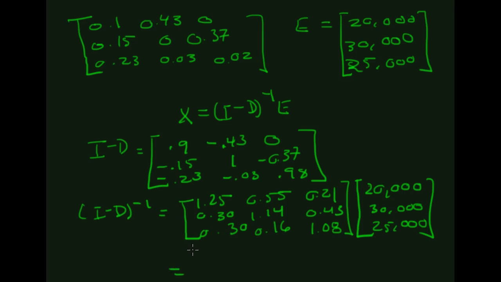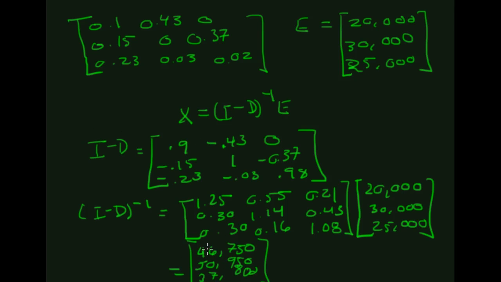And that gives me back a matrix of 46,750, 50,000, 950, 37,800.